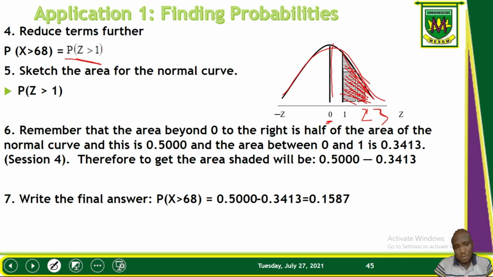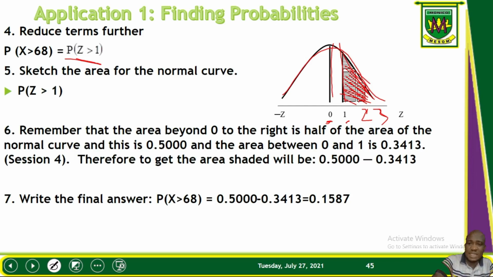Remember, this is probability, the chance of an event happening. And here we are saying, what is the chance of picking somebody who scored above 68? Converting to z-score, we got 1. On the standardized normal curve, we have traced our 1 here.